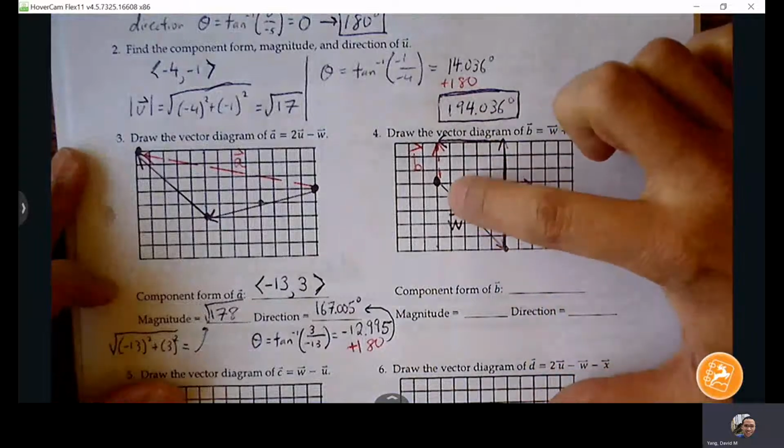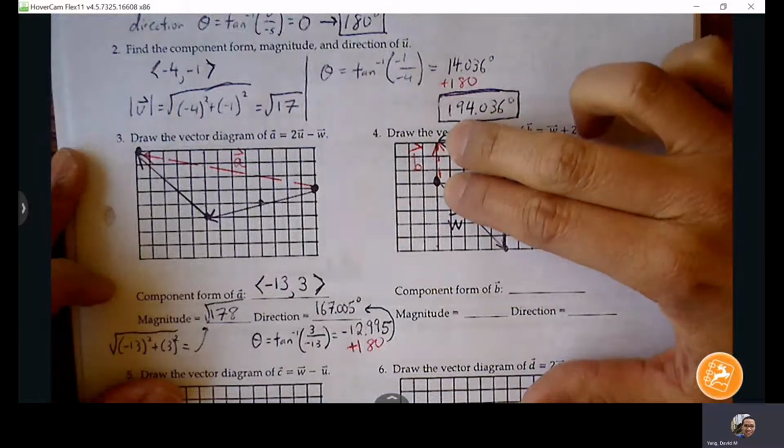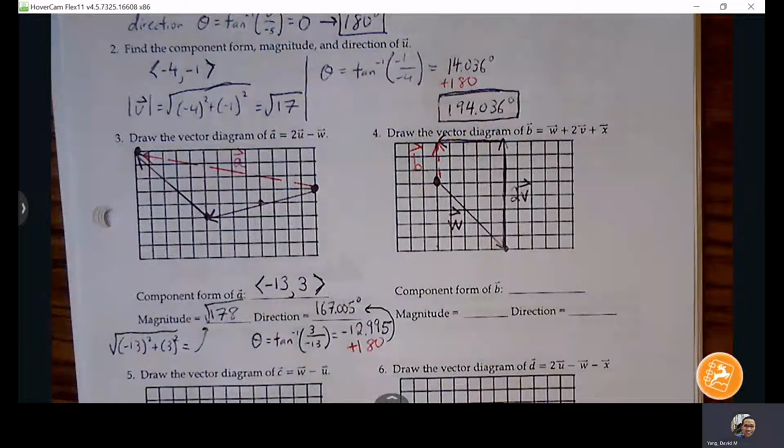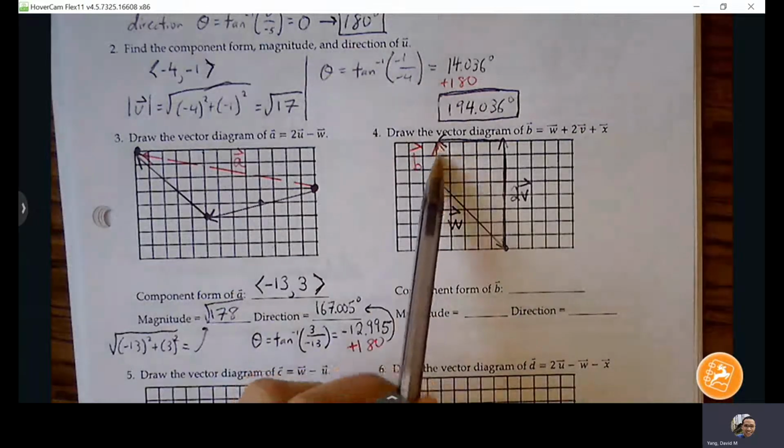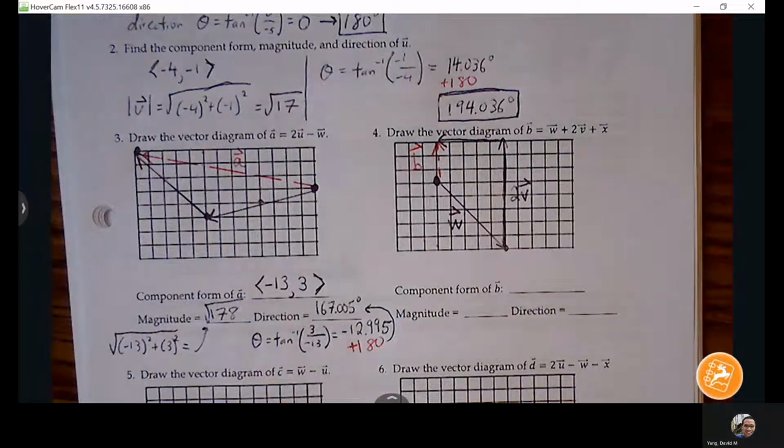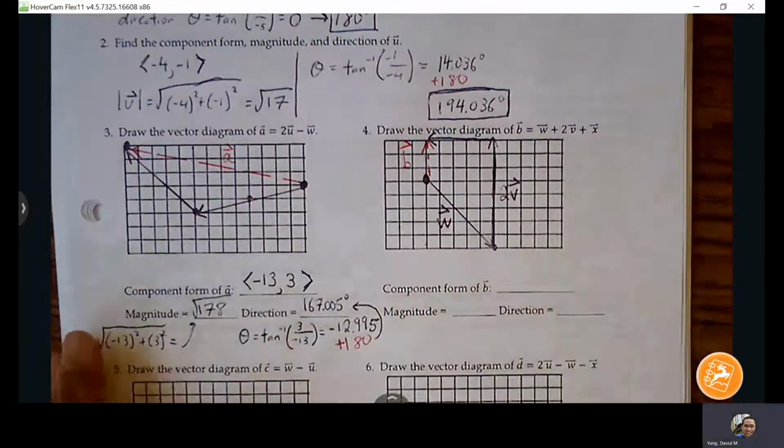Okay, so vector B is just going to be that little portion right there, right? So you're going to answer component form, magnitude, direction just for this resultant vector. Questions so far?